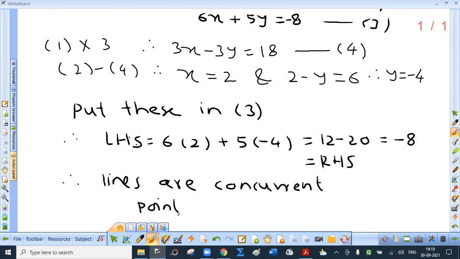What is the point of concurrence? Oh, the word is concurrence. Okay, the point of concurrence.